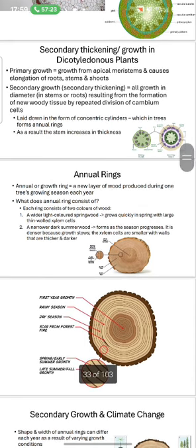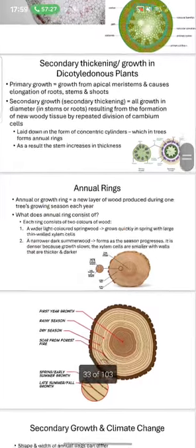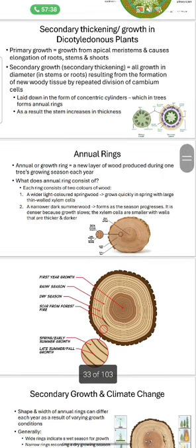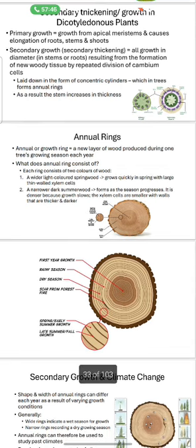An annual ring or growth ring is a new layer of wood produced during one tree's growing season each year. What does an annual ring consist of? Each ring consists of two colors of wood. A wider light color, which is spring wood.